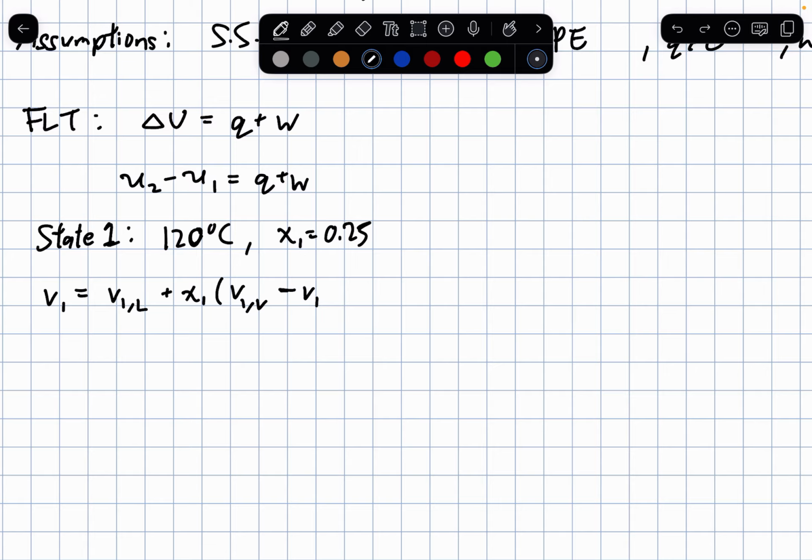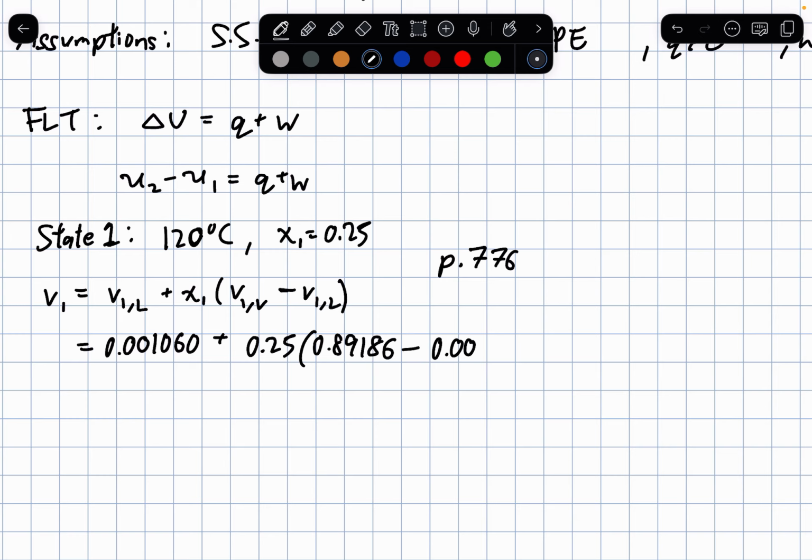What is V1L? So in Sontag appendix, page 776, V1L is 0.001060 plus the quality, then that of the vapor, 0.89186, and then minus 0.001060 again.